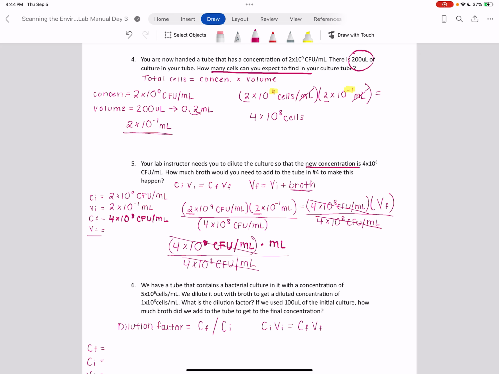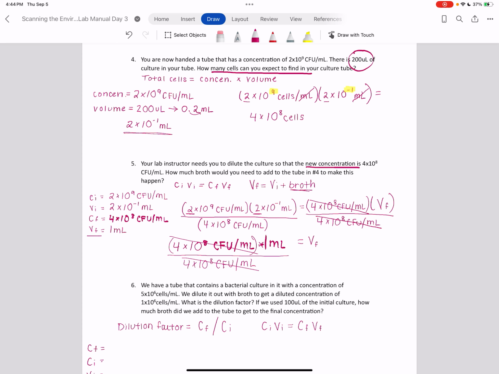We can imagine there's an imaginary 1 in front of this ml. And so our final volume is equal to 1 ml. But that's actually not our answer. We're close, but not quite. We can add our 1 ml over here if we want.